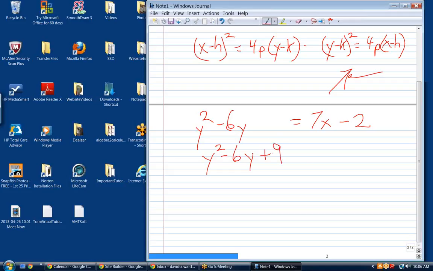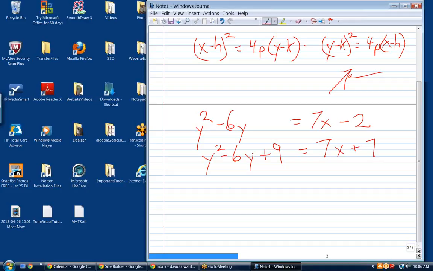In other words, we have to add 9 to the left side of this equation in order to represent it as (y minus 3) squared. And when we do that, we have to add 9 to the other side of the equation. Okay? So far I haven't changed anything.